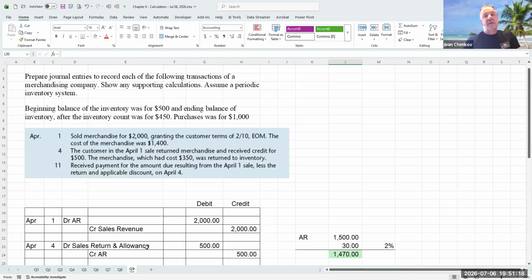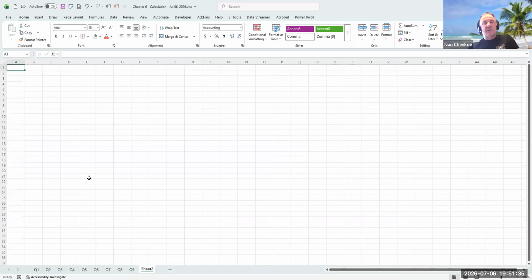Now let's see one. Last time I showed you closing of the accounts for the periodic system. I want to show you another question with closing accounts for the periodic system. So I'm going to use this Excel spreadsheet and build on it.